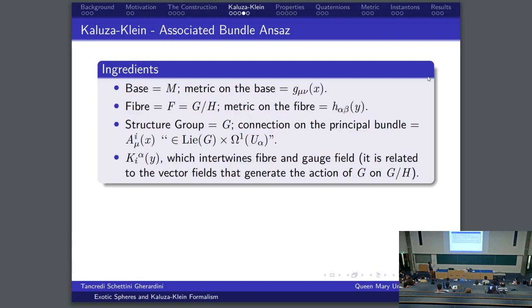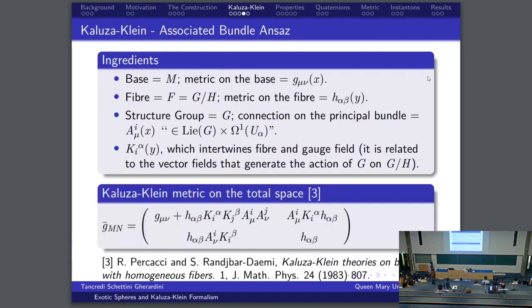And so I have this I here, because the gauge field lives in the algebra of the structure group, but it will be a different index from that, because the fiber will be smaller in terms of dimensions. And these 2 indices talk to each other thanks to this matrix, which intertwines the fiber and the gauge field. It also has a geometric interpretation, but that's not important for us. And once you have these ingredients, you get this combination, which defines a metric on the total space.